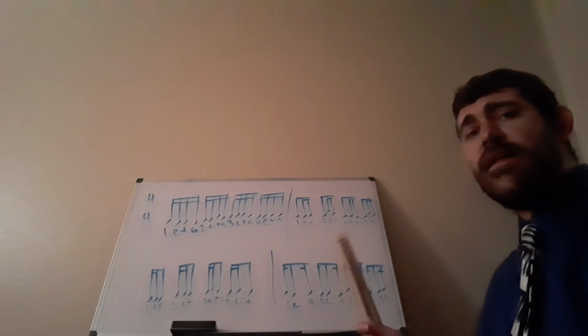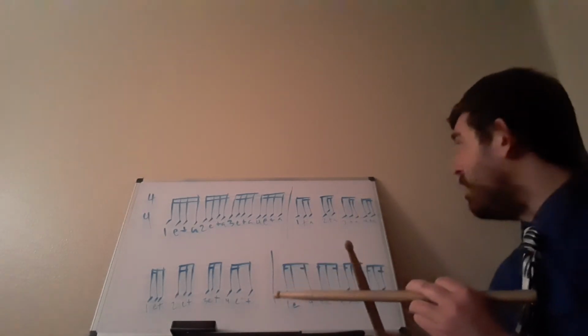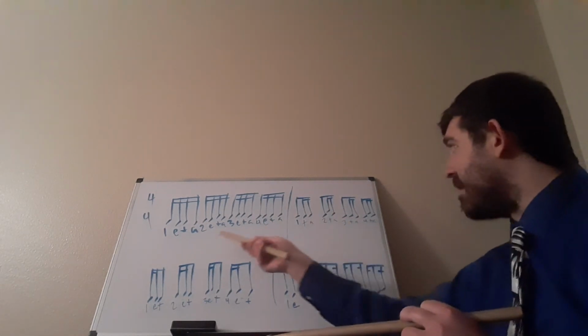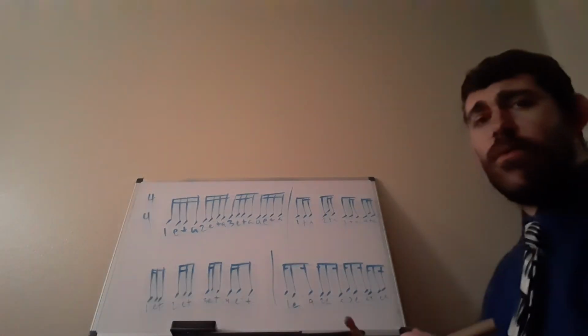Now we're going to count that again, only this time I want you to pay attention to where I'm going to click my stick. Where I click my stick is going to be the missing 16th note in that skeletal pattern for these 8th note and 16th note phrases. Let's see how well I do.